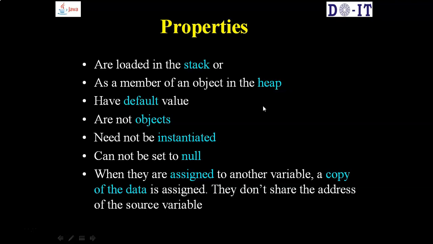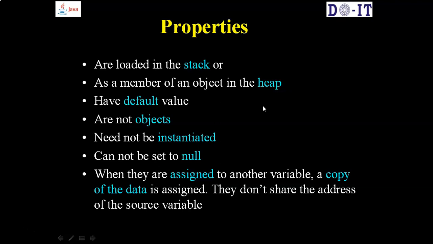But coming down to primitive types, when you take a variable x, let's say we have stored a value 100 in it, and I take that variable x and assign it to a variable y, which is also of type int, instead of sharing the value, a copy of that value that is in x is created and then stored in y.